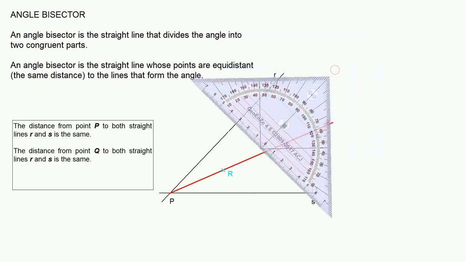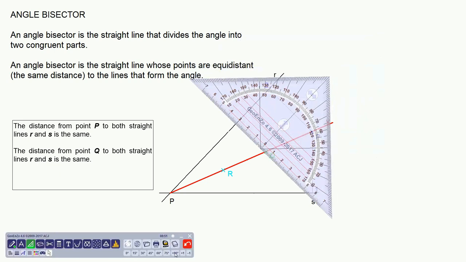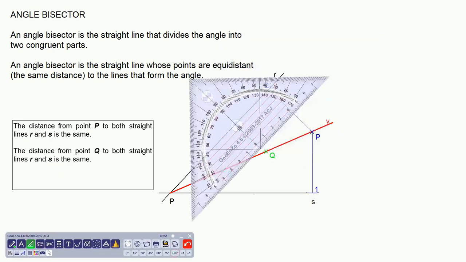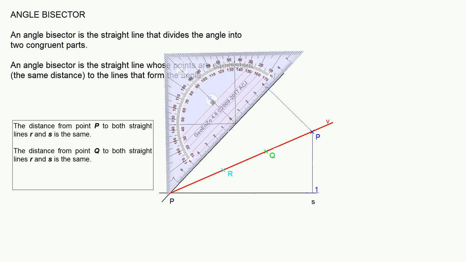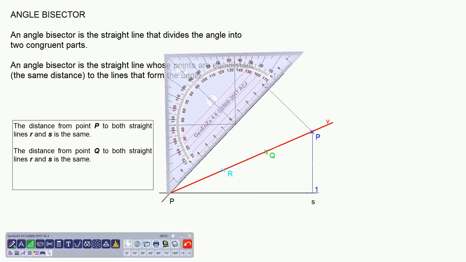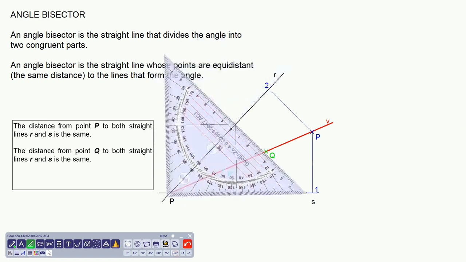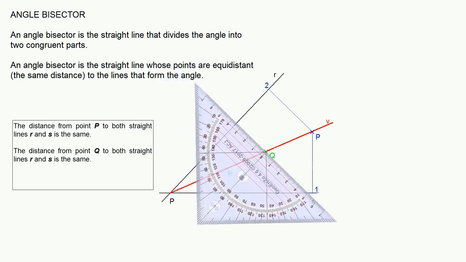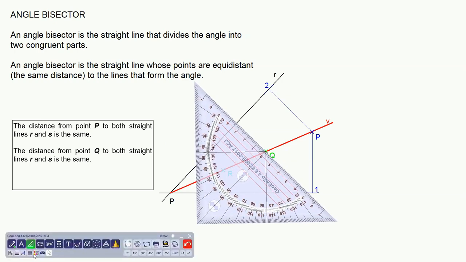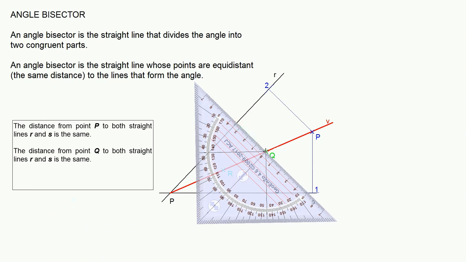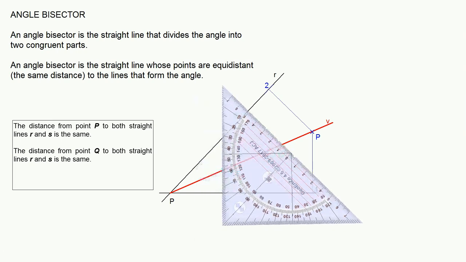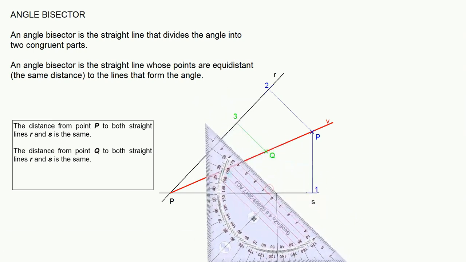Let's check it with point Q. We draw a perpendicular line in relation to straight line R from point Q, and we do the same.